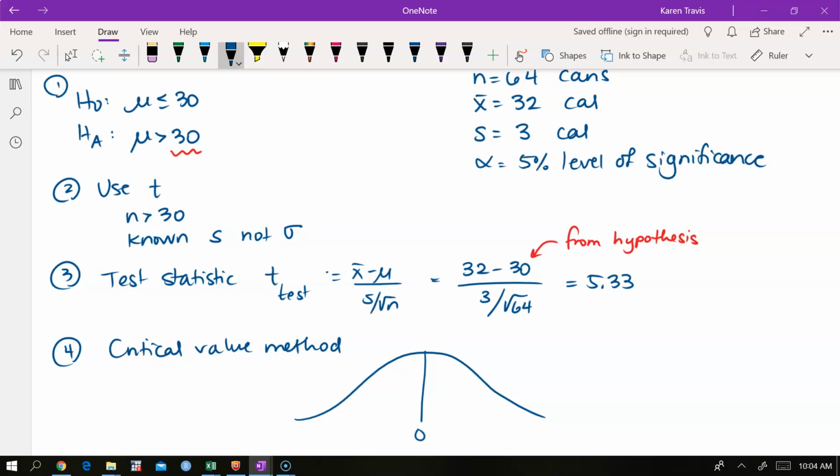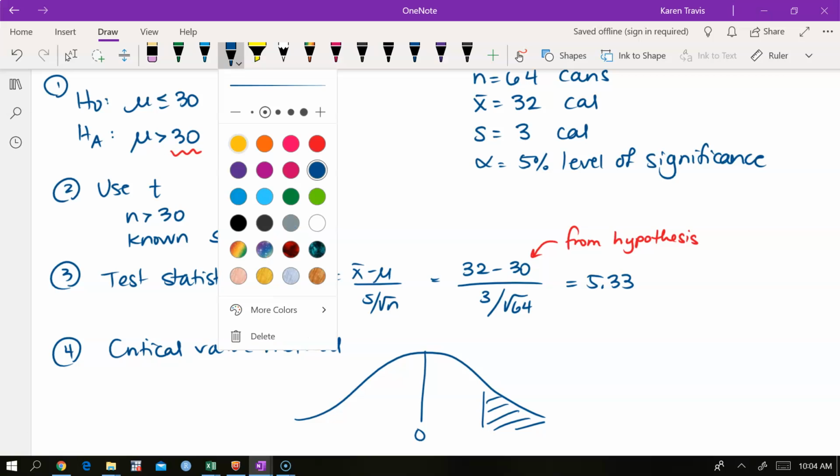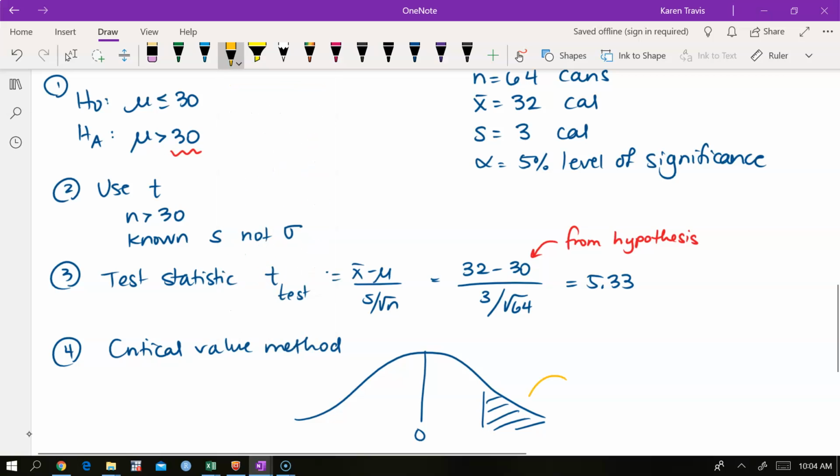So my rejection region is going to be on the right, and the reason it's on the right is because of the greater than sign in the alternative hypothesis.